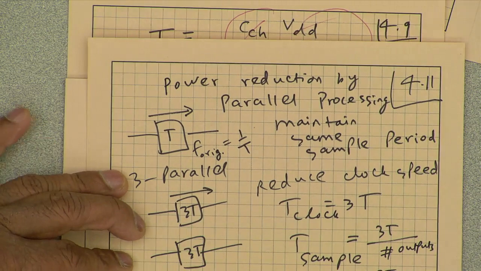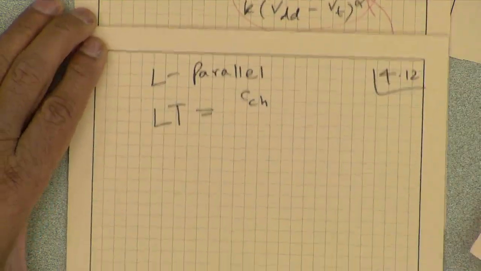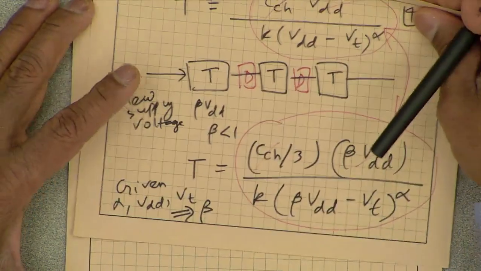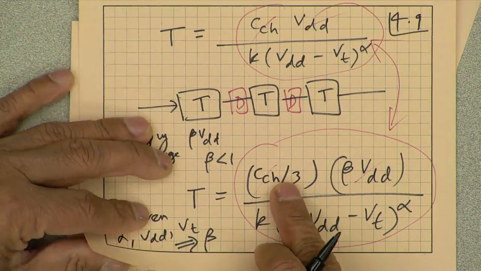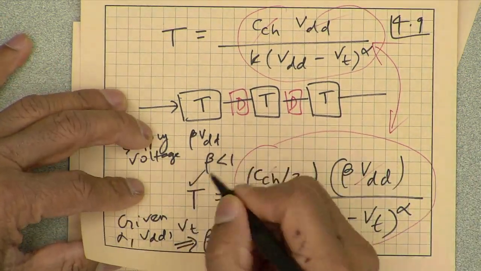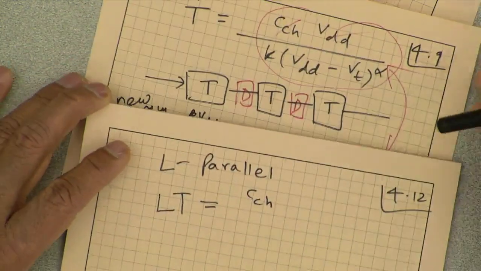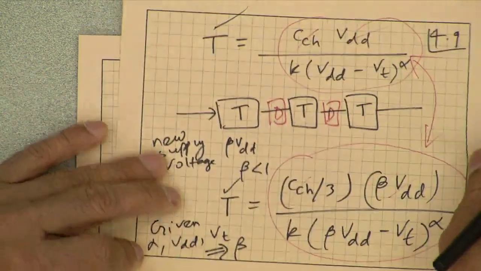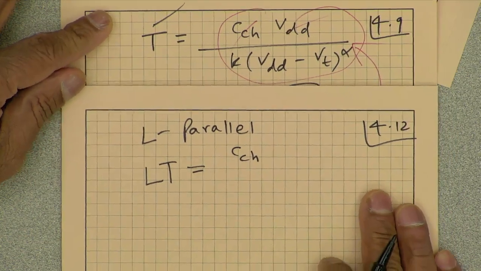So there is a certain duality, but the duality is expressing itself in different ways. Unlike the pipelining, if you look at the pipeline equation, the charging capacitance reduced to a third of the original, and the clock period stayed the same. Now effectively, if you bring this 3 to the left hand side, the equation really stays the same, and that is not surprising because it is the same concurrency.